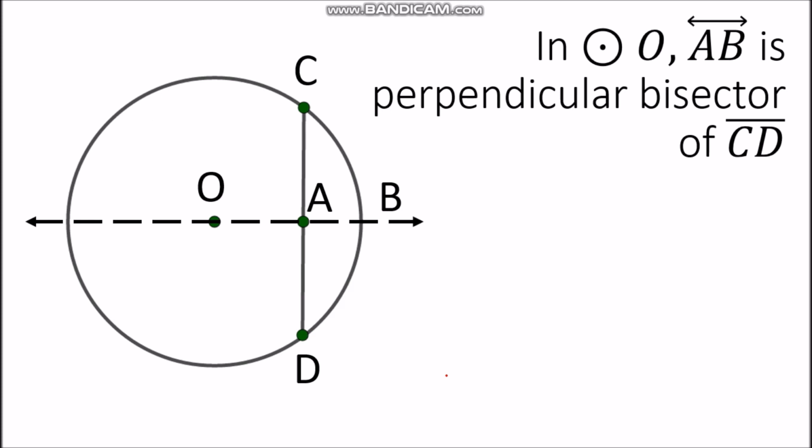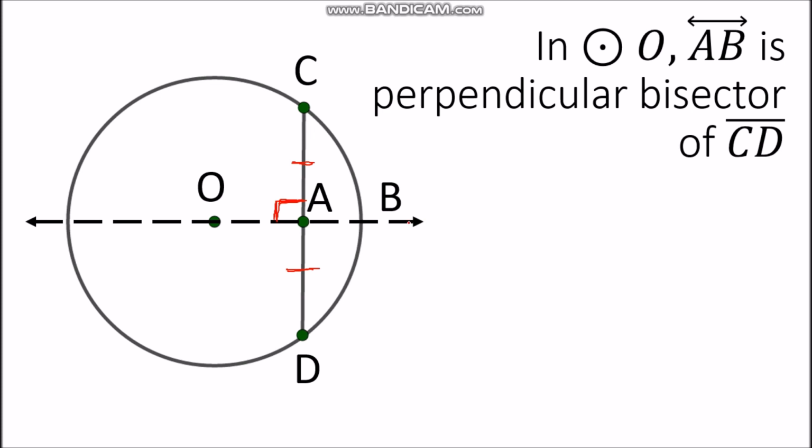Let's say we have here in circle O, line A, which is a perpendicular bisector of segment CD. When we say perpendicular bisector, it must be perpendicular, it forms a right angle, and at the same time, it bisects the given segment or the chord, which means that the chord will be divided into two congruent parts.